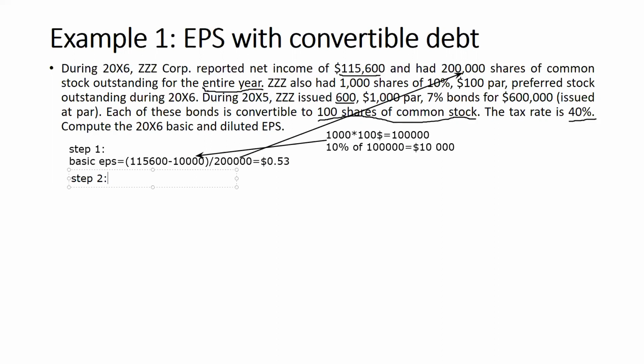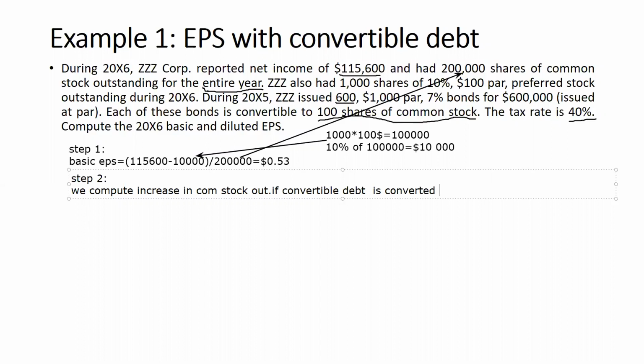We compute it as if the convertible debt is converted to common stock. So this should be the case at the beginning of the year, of course, the beginning of 2006.